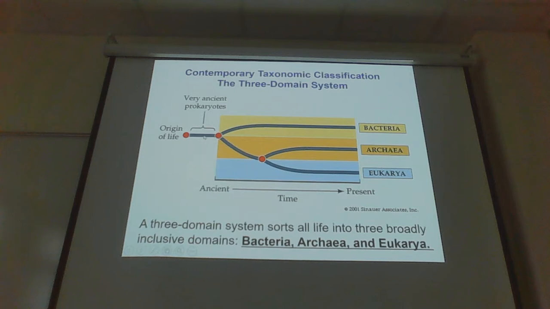This organism evolved, changed, and developed into two different lineages. Then evolution went on again, and one of these branches diversified in two, archaea and eukarya.